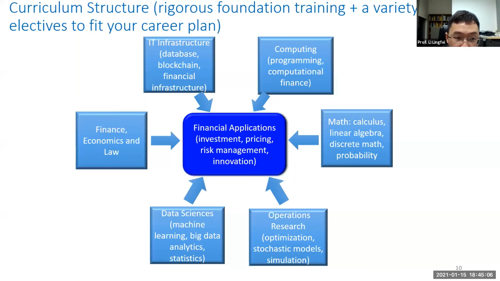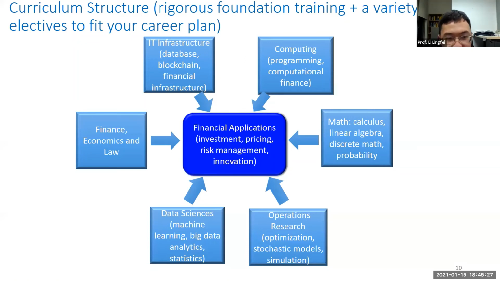And also we have courses from finance, economics, and law. These courses are offered by the business school, the economics department, and the law school. And we also offer electives on data science and operations research.